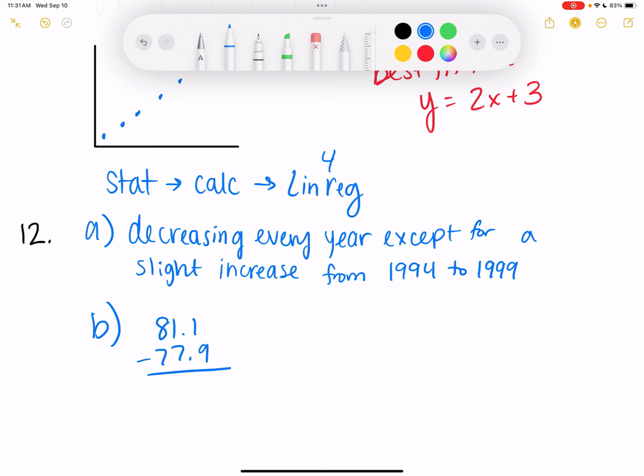What about 79 to 84? So that's a 3.2 difference there. And then from 79 to 84, because that's a pretty big jump, 76.5 minus 73.2 is 3.3. So the bigger jump is actually from 79 to 84.